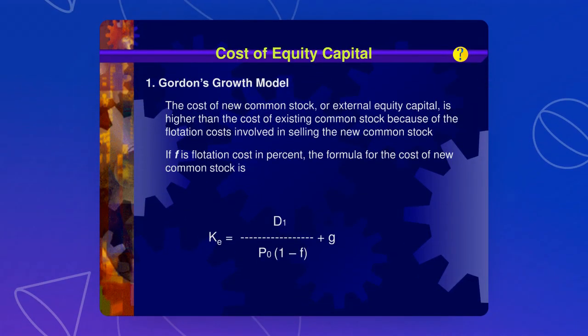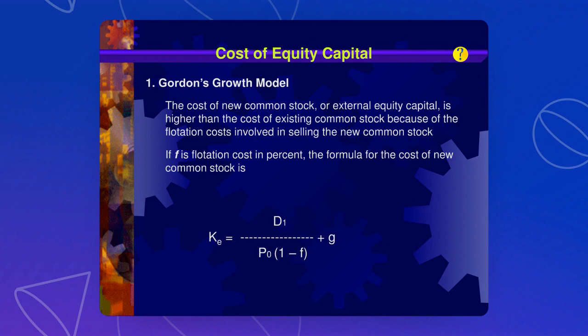So, cost of equity capital in the Gordon's growth model. Class, the cost of the new common stock or external equity capital is higher than the cost of existing common stock because of the flotation cost involved in selling the new common stock.